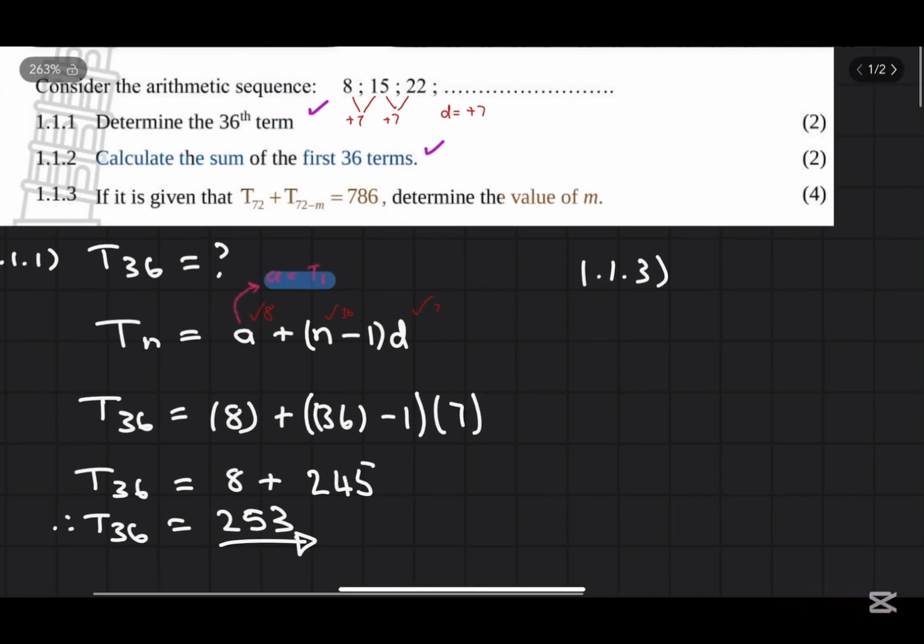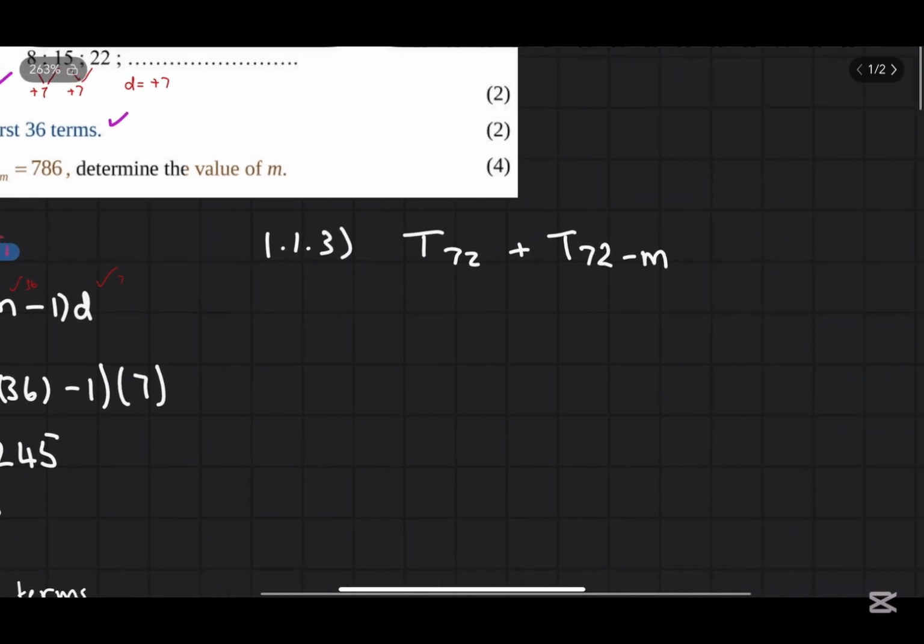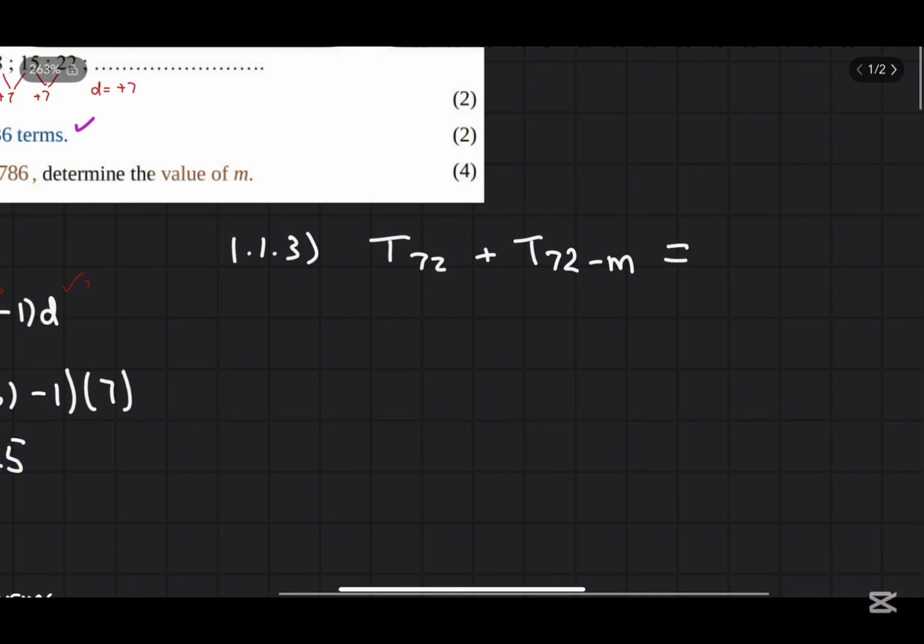They're telling us that it is given that the sum of those is 786, so T72 plus T72 minus M is equal to 786.